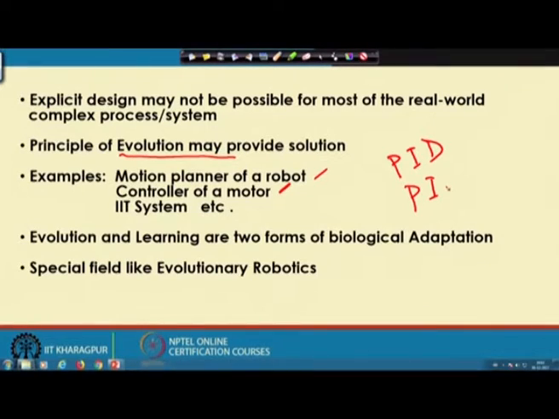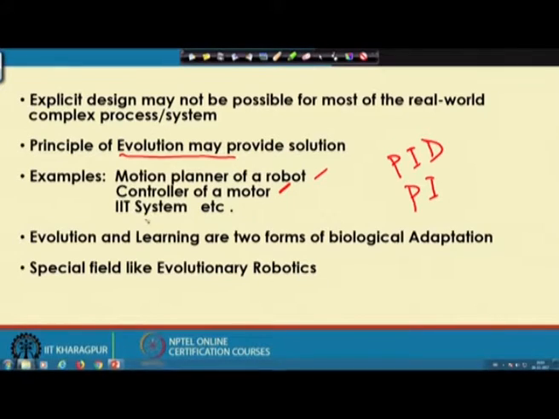Now, if I want to design and develop an adaptive controller for the motor, it is a bit difficult, and that is why we generally go for the principle of evolution just to evolve that particular adaptive controller for the motor.